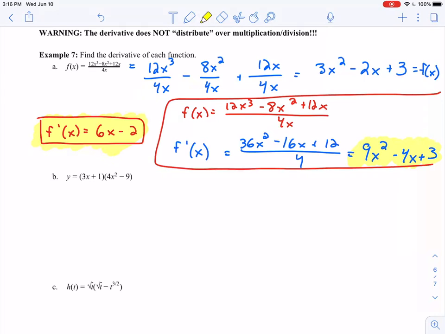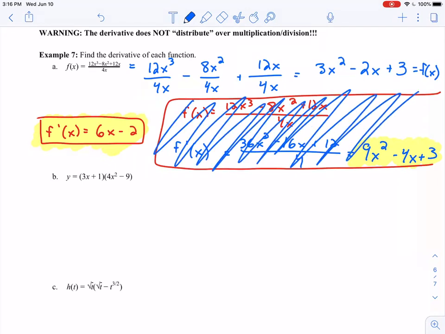And 9x squared minus 4x plus 3 is different than 6x minus 2, which means they both can't be the derivative. The derivative is unique, which means for each function there's exactly one derivative. So the shortcut we tried to take won't work for us.